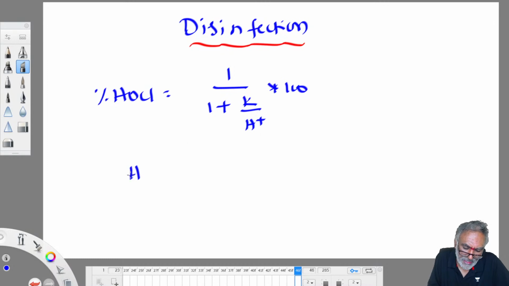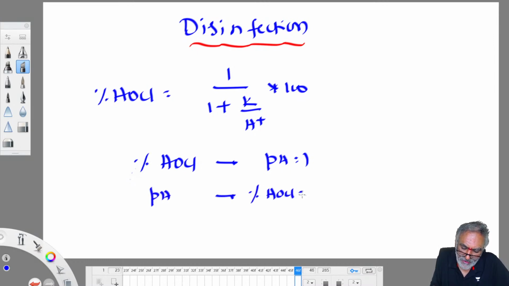And HOCl is known, OCl you can find out. So this is the HOCl and pH relation. For a given percent HOCl, you are expected to find out pH. For a given pH, you are expected to find out percentage HOCl. This is the first kind of numericals.